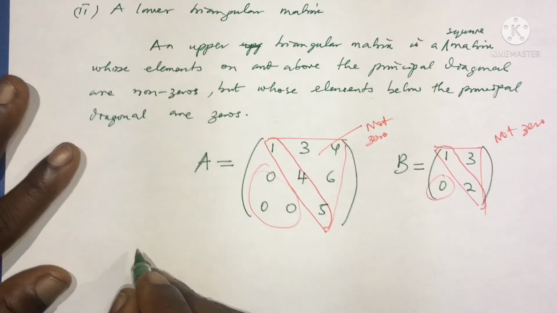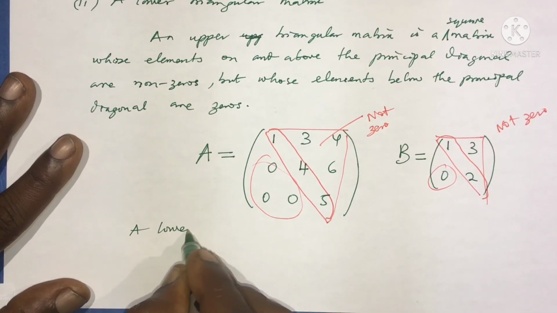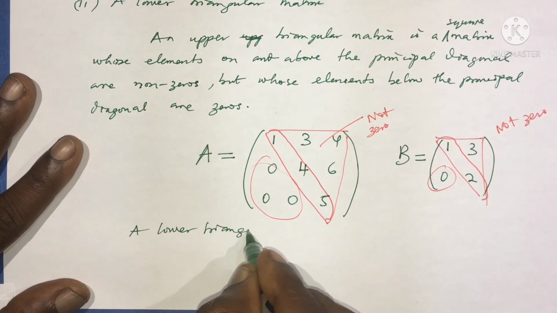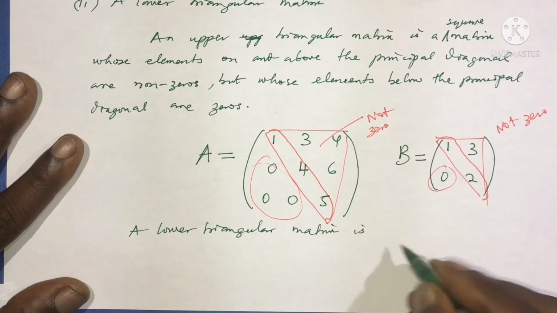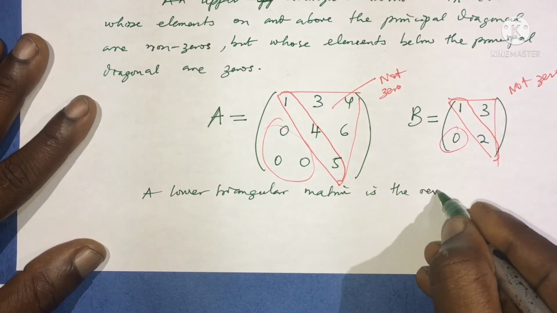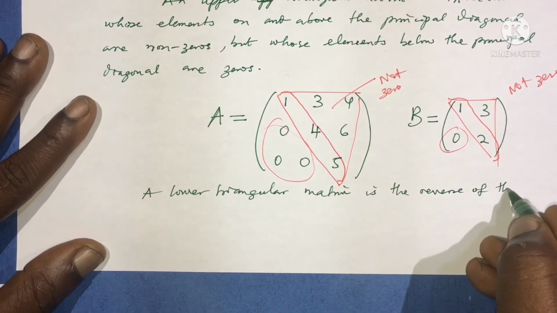Now, a lower triangular matrix is the reverse of this.